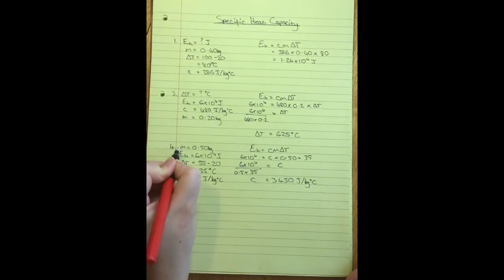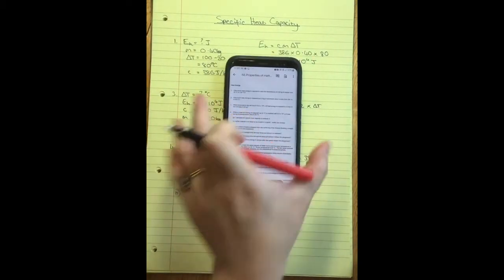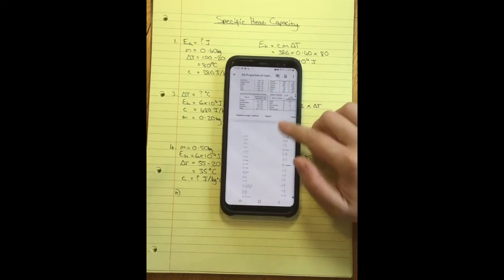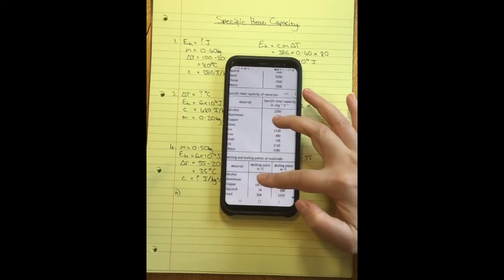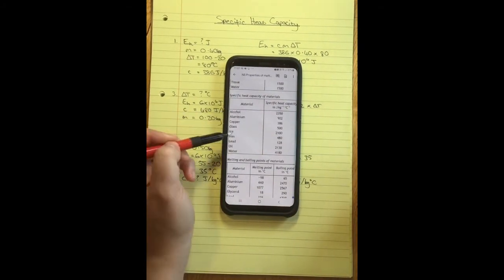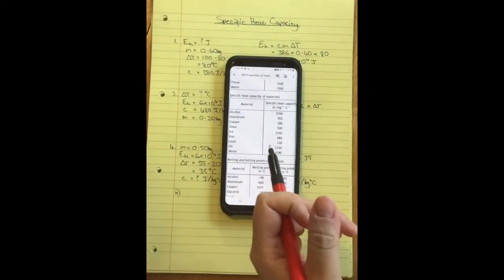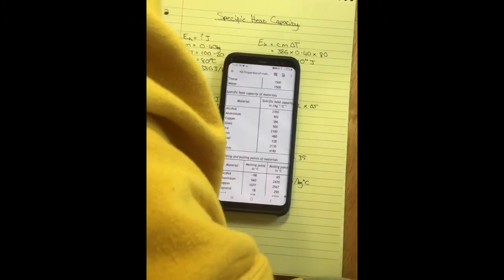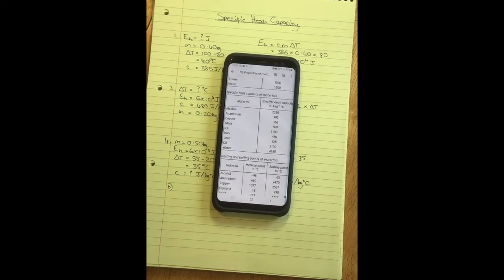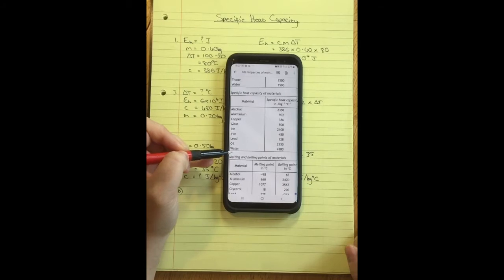So with a number in the thousands like that, this is A, I'm thinking about B. If we go and look at our data table and the specific heat capacity of different materials, we notice that only the liquids are really up in the thousands.